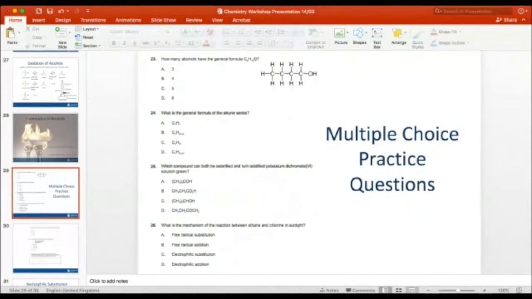So that's 2 options. Then the third option is 2-methylpropan-1-ol. And that guy is going to look like, let me get it up, this.